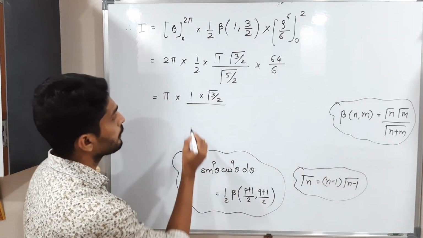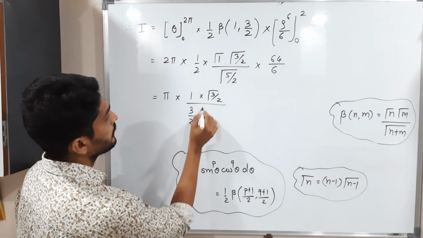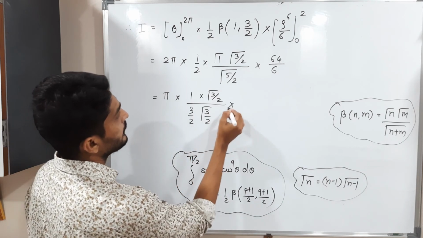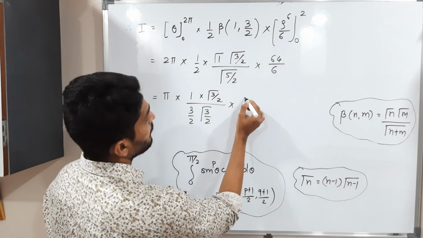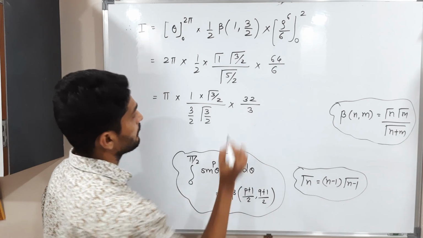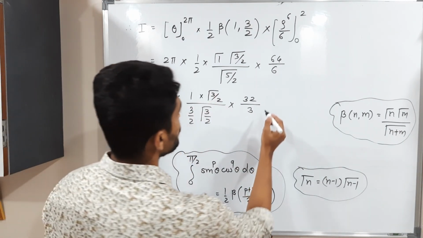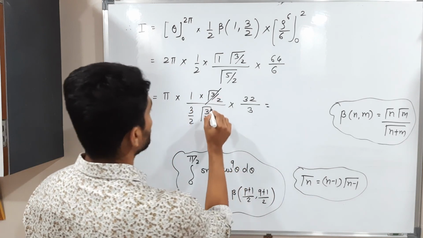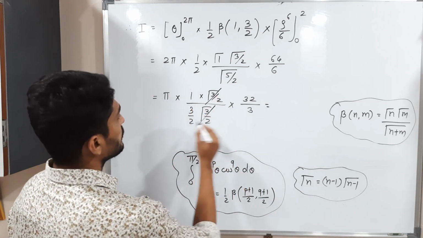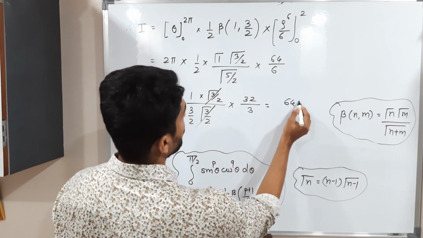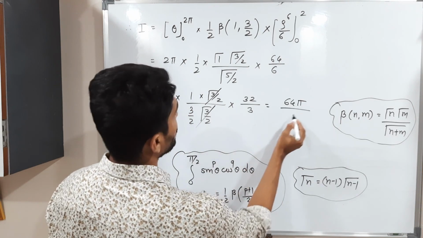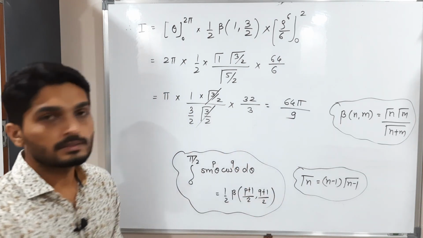If you use this formula here, this is 3 by 2 gamma 3 by 2, and this 2 will get cancelled, and we will have 32 by 3. See, gamma 3 by 2 will get cancelled. So this is 64 pi by 3 into 3, 9. So this is the required answer.